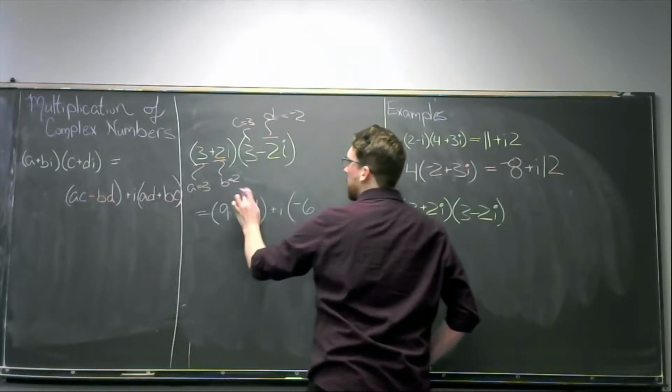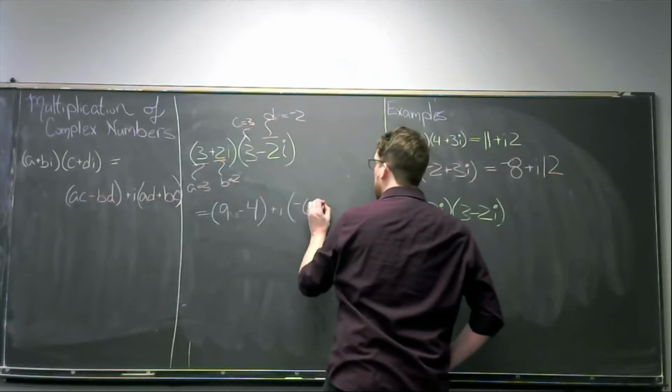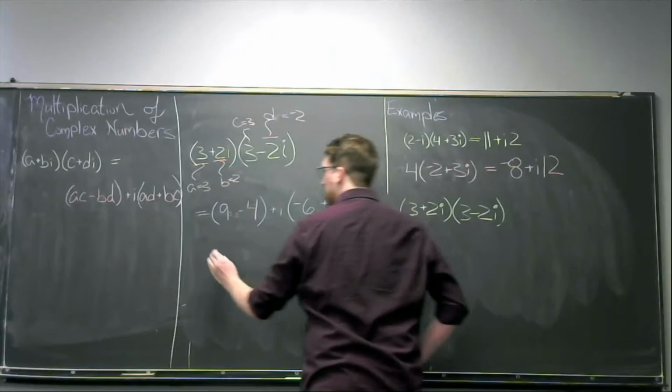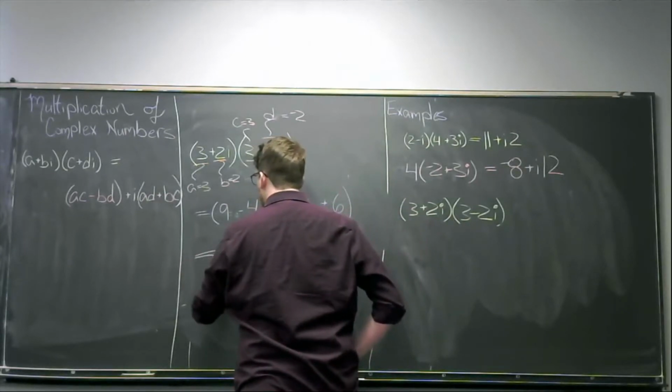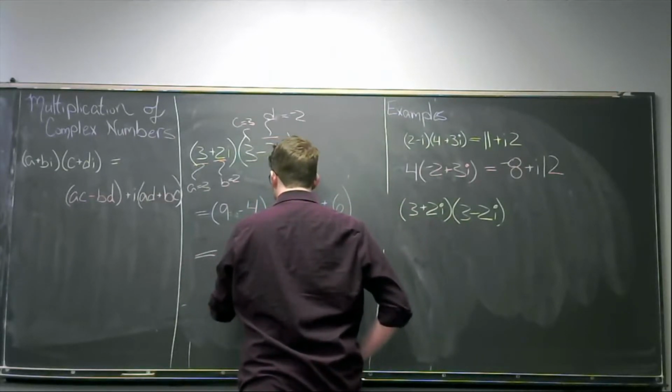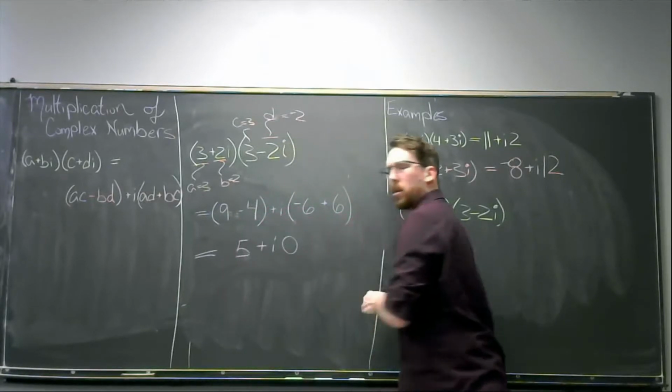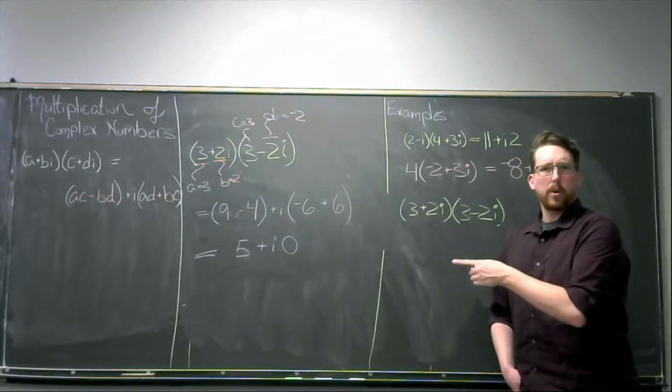B times C, that's 2 times 3, so that's +6. This whole thing comes out to be 5 plus i0, so it's just 5.